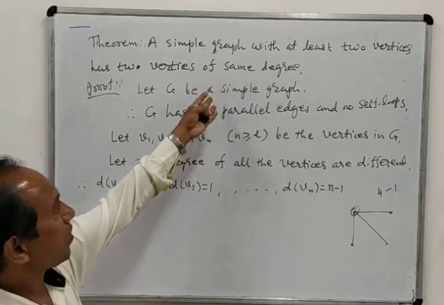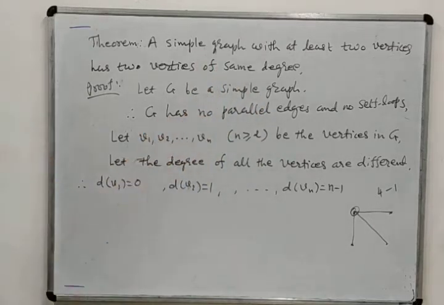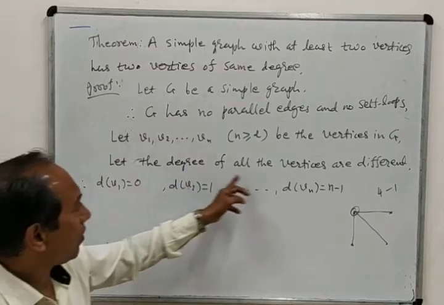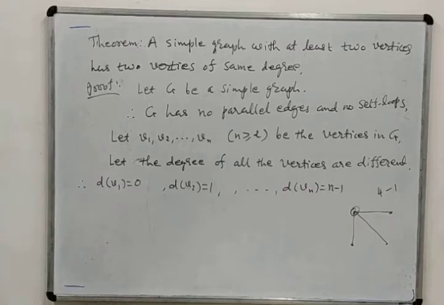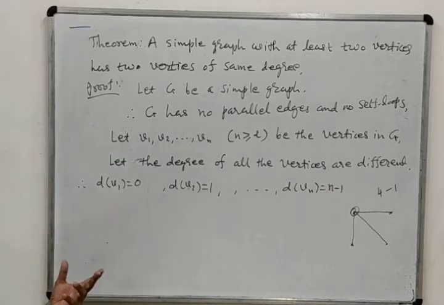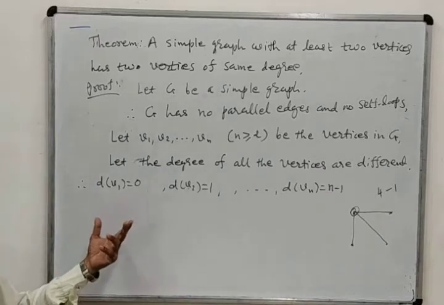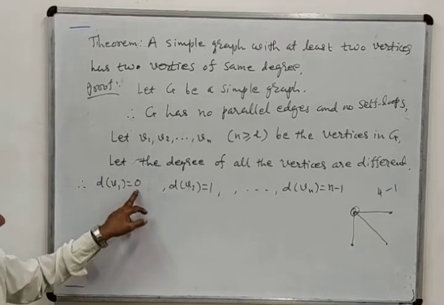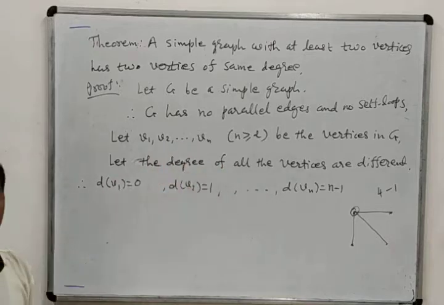But this is what we want to prove, that two vertices have the same degree. But here we are assuming that all the vertices have different degrees. So different degrees we can assume. So maximum degree we can assume as n minus 1. Then the other vertices have the degree lower than this one. So we are assuming it has 0, it has 1, 2, 3, n minus 1. Okay. This is our assumption.